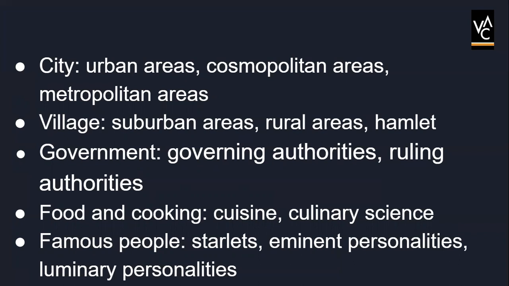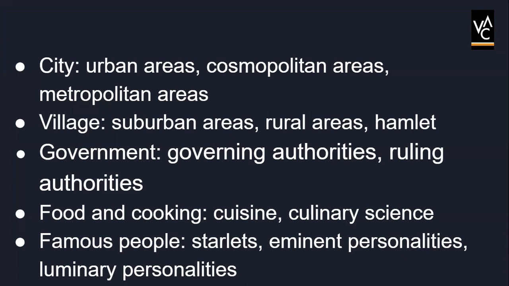Now, governing authorities and ruling authorities can be used instead of government because, guys, you might be knowing that one main parameter to follow in IELTS exam is that you should not repeat a word again and again. That also lowers your band. So with the help of these words, you can really increase your band because this shows your knowledge of the lexical resource you have.